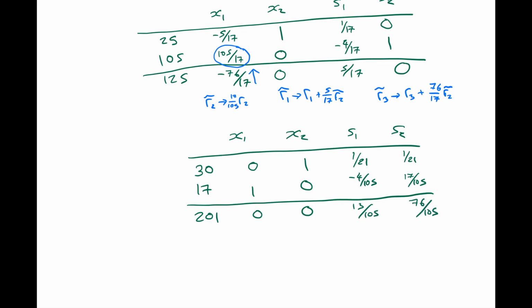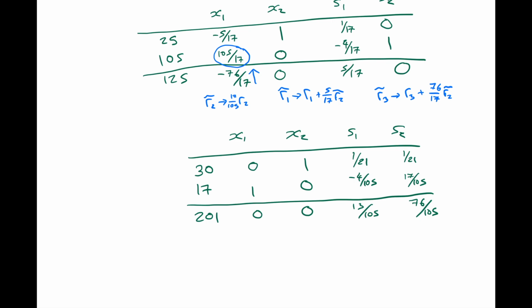After this iteration, our objective row has no negative values in it, and so we finish the simplex algorithm, and we can read off our solution. The way we read off our solution is we recognize that we have two basic variables, x1 and x2. We know they're basic because they have a 1 and the rest zeros in their column, and two non-basic variables, s1 and s2.